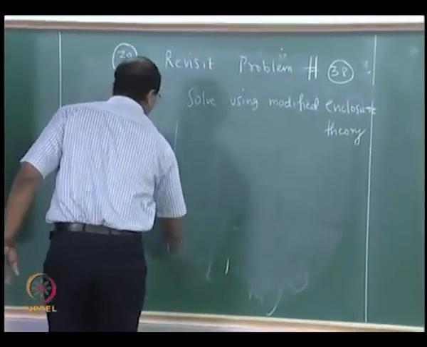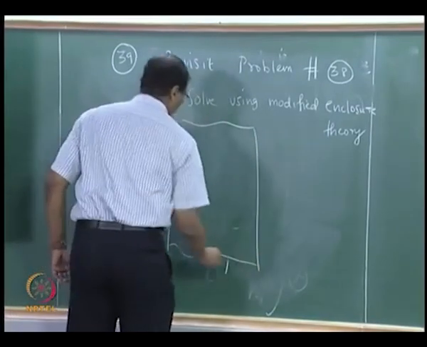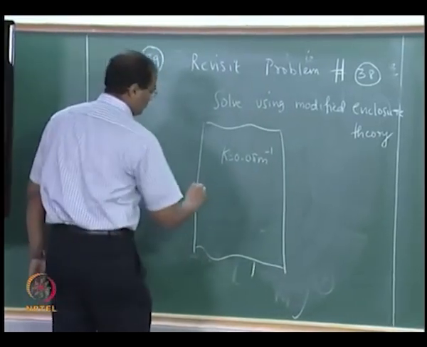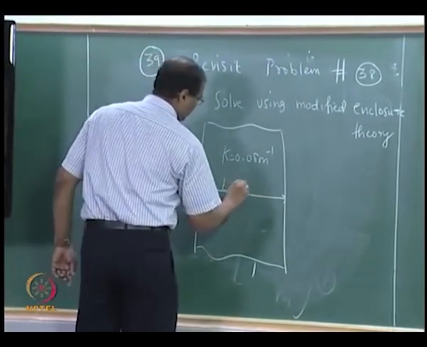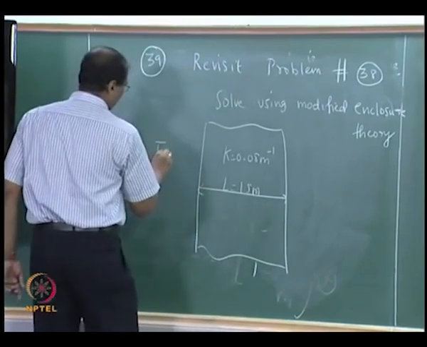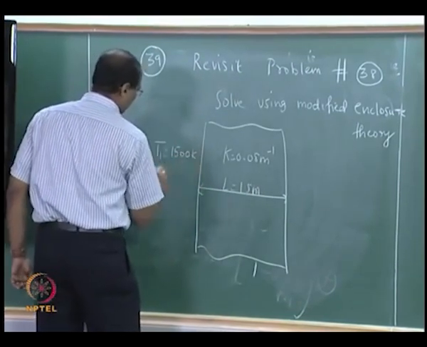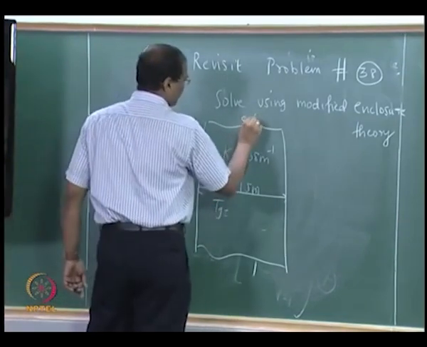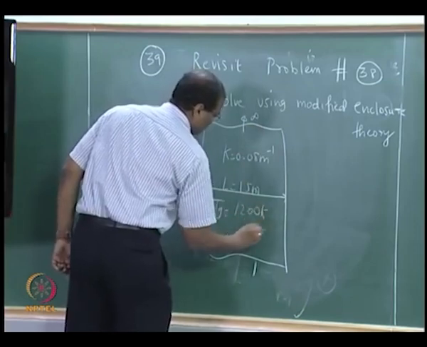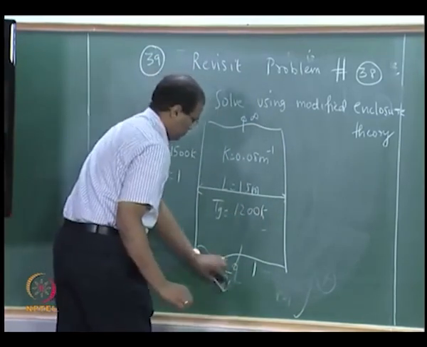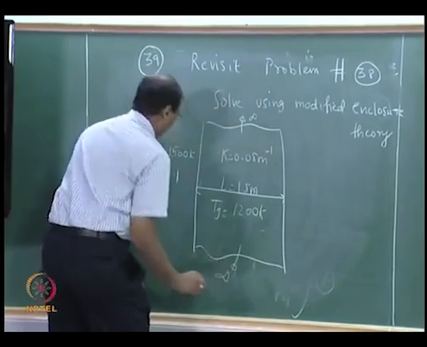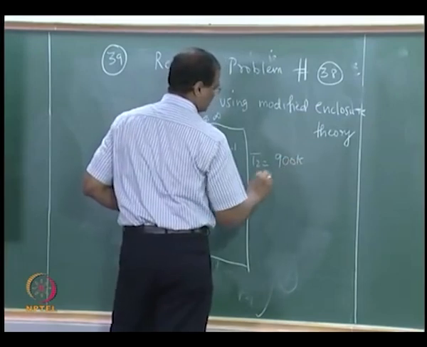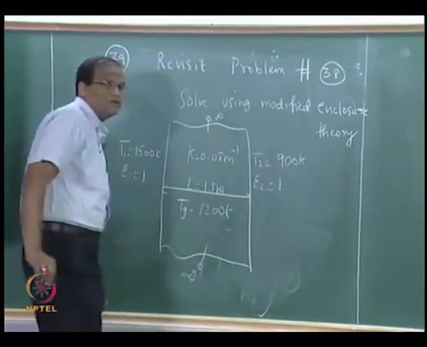So let us take this. What is Tg? 1200 Kelvin, correct. 900, same as before.